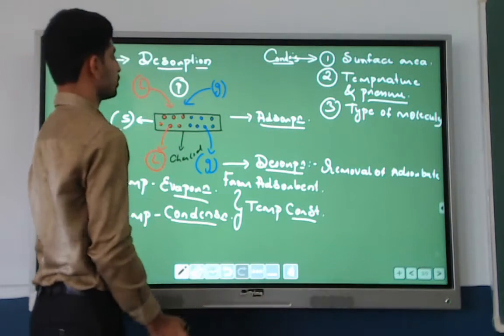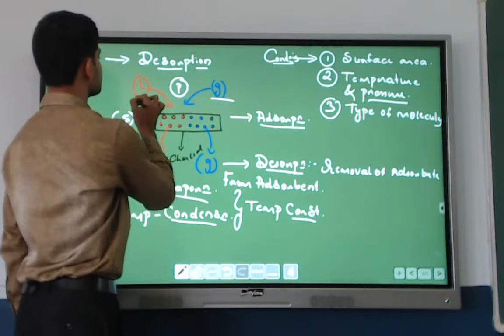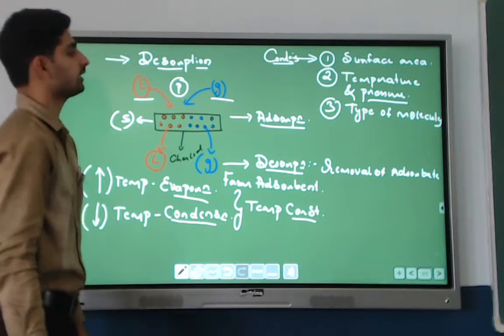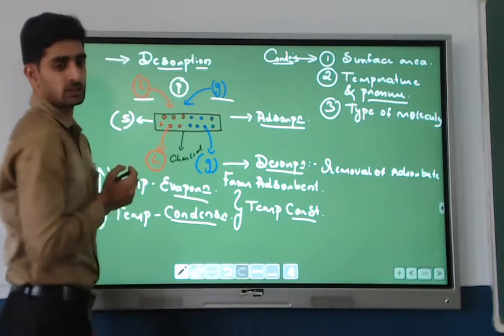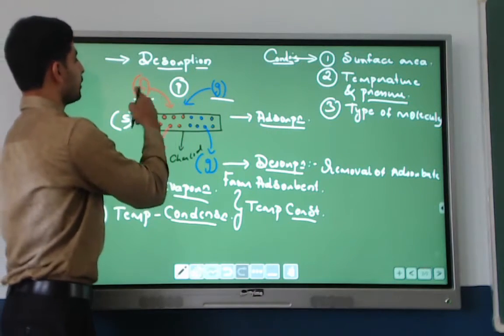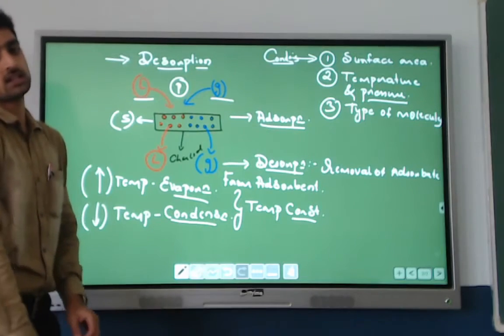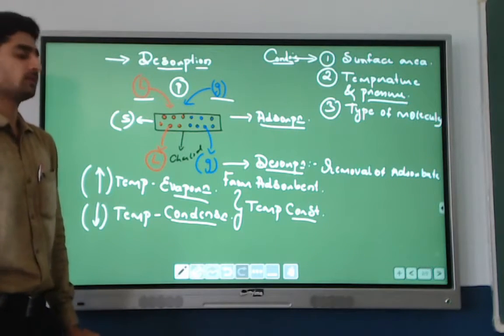As we already told you, only gas or liquid molecules can accumulate. So the third point is that adsorption also depends on the type of molecule that is going to accumulate on the surface of the solid.